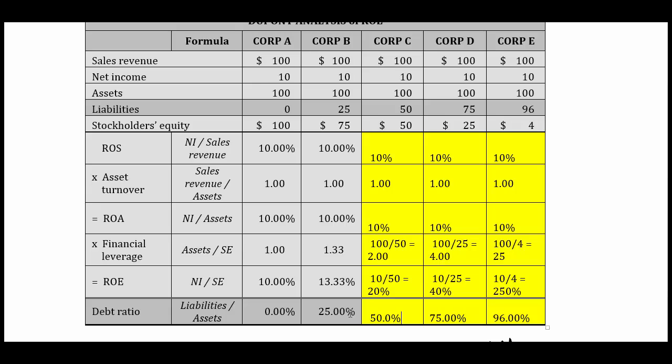Isn't this beautiful? Remember when I went over OPM, how to make money in real estate? It's the same basic principle. You operate with as little equity as possible and you increase your ROE by borrowing a lot of money. What was the downside of this? If you miss a dividend payment, what do your shareholders do to you? They'll have to get over it, right? You could legally not pay a dividend, that's fine.